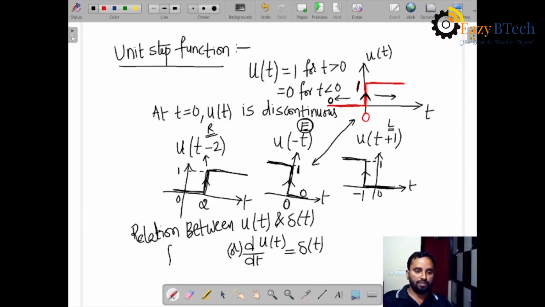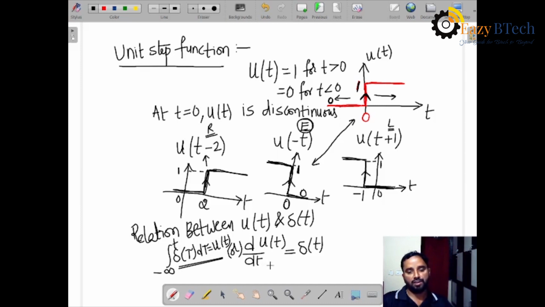Or, integration of the impulse, with limits minus infinity to t, integral of del of tau d tau, is equal to the step signal, the unit step signal u of t.